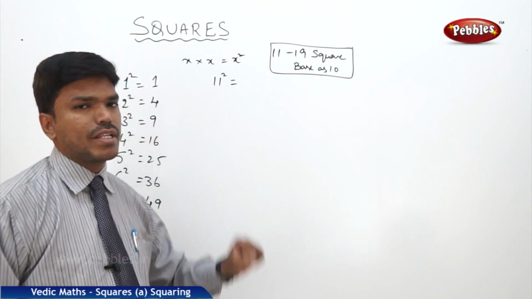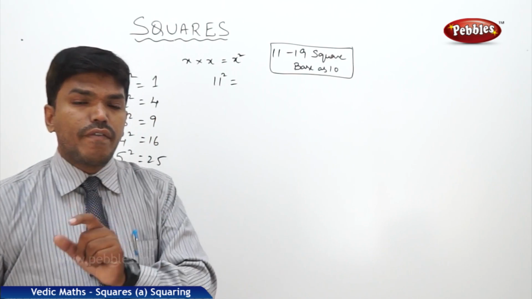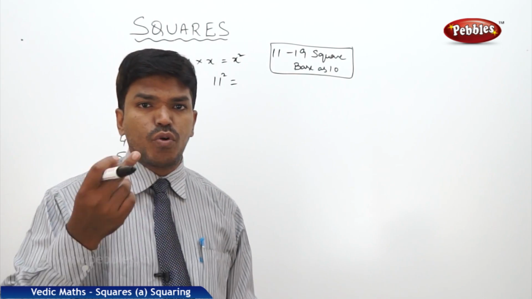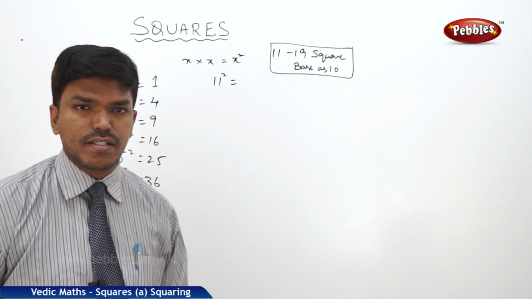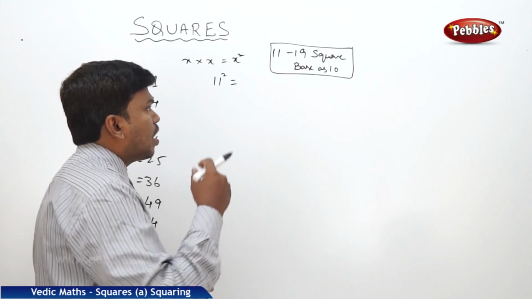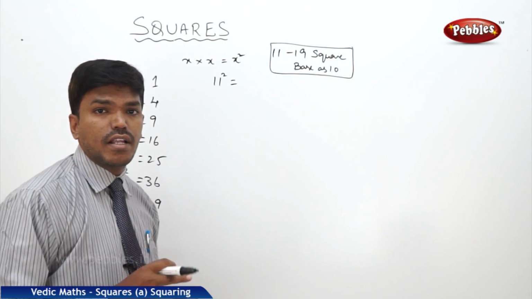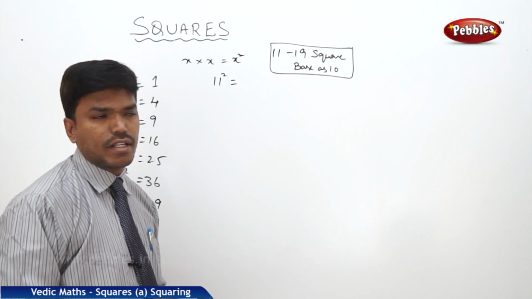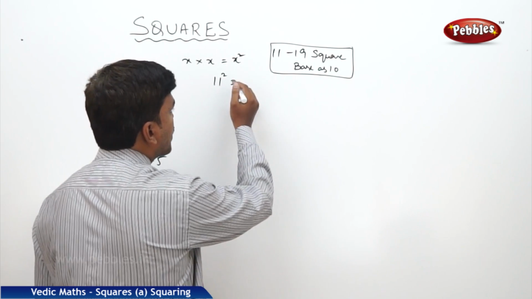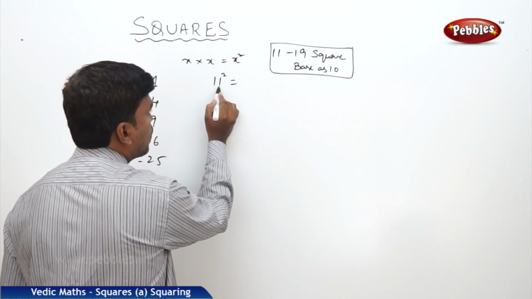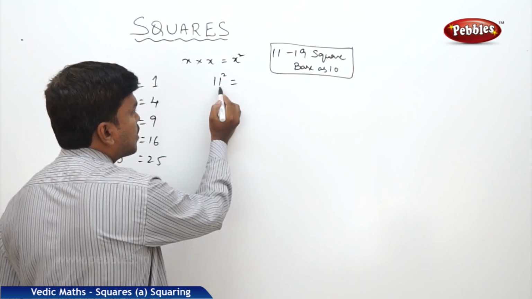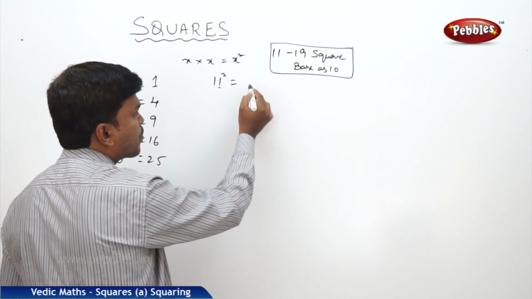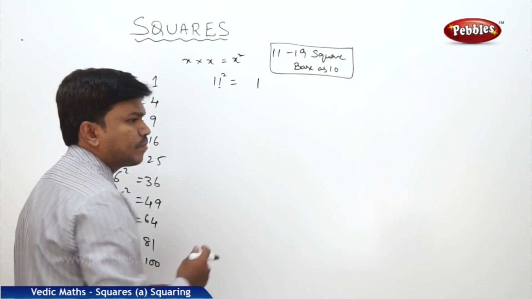Suppose 11 square is there. Compare 11 with 10. It is more than 10, yes or no? Yes. Now tell me, how much more than 10? 1 more than 10. So what is 1 square? 1.